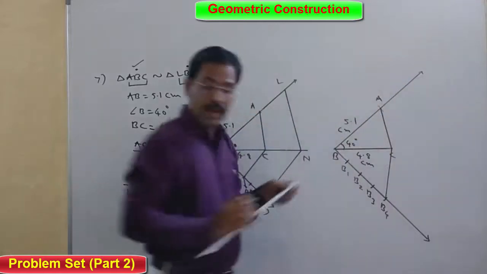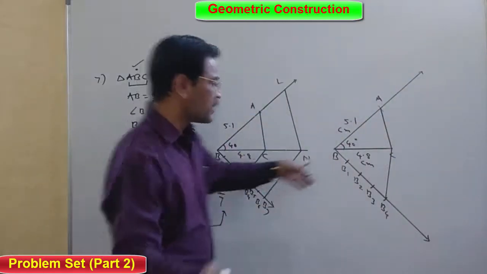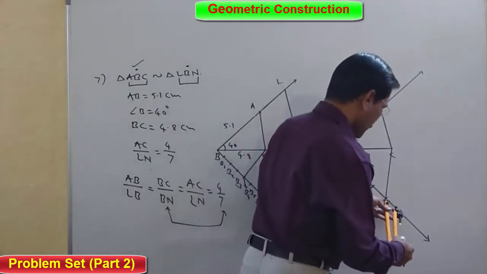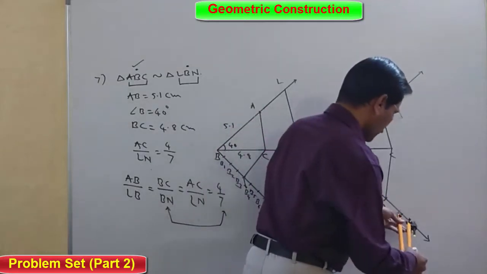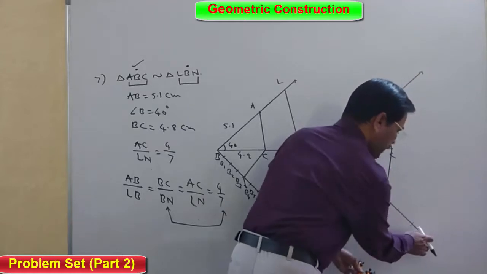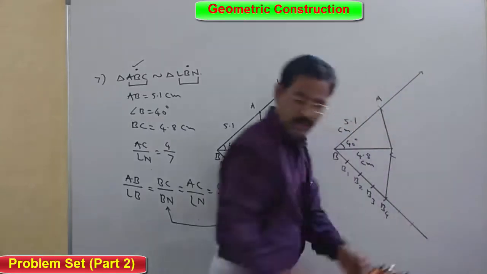Okay, now after getting that one, I'll just draw 3 more points: 1, 2 and 3, means I'll just extend the ray here.